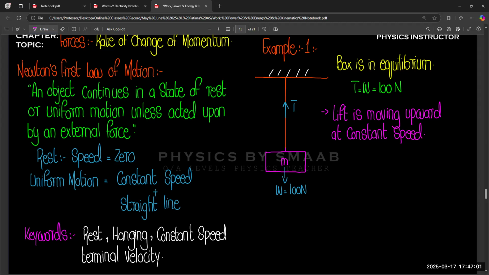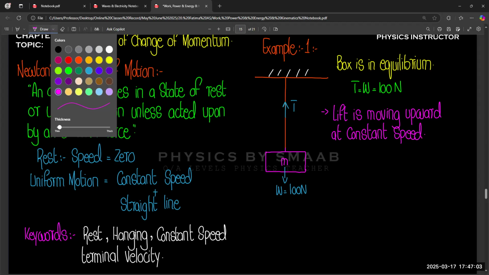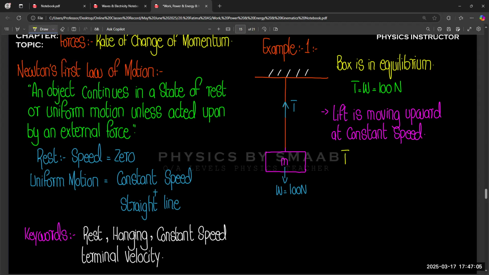So it means that the tension in the cable or the tension in the rope is equal to the weight of the man.